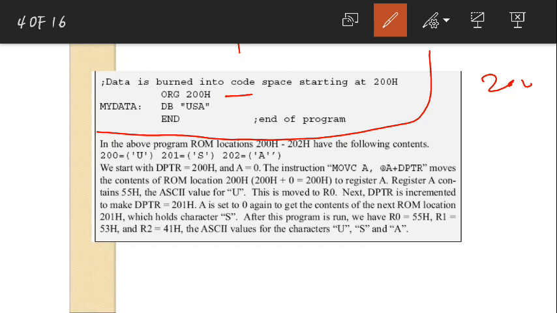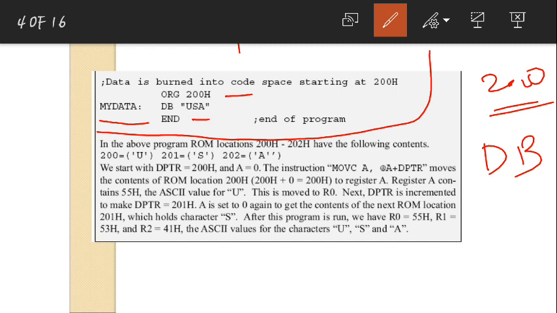We are starting at 200 by writing ORG 200, and after that I have given my data. Here DB, data byte, is my directive, and I have written USA, the 3 characters. At the 200 location U will be stored, at 201 S will be there, and at 202 A will be stored, in these 3 locations.